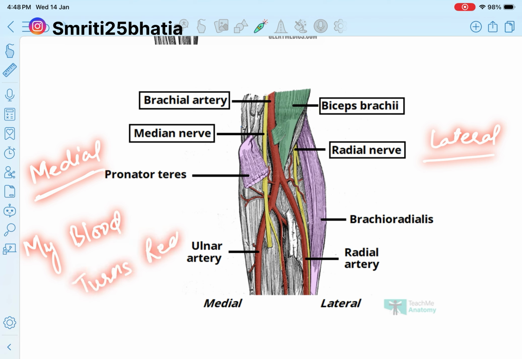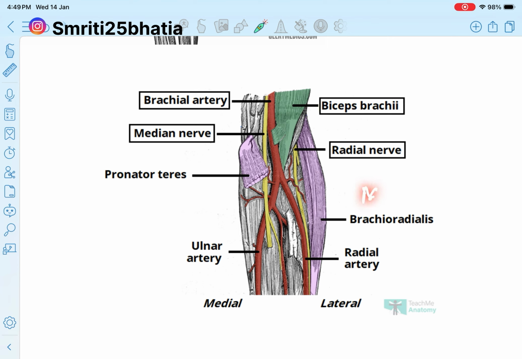So we have M, B, T, R. We start the M with the medial side, and R goes towards the lateral side. M is for the median nerve that is present over here. We can see this is the median nerve. B is for brachial artery. This is the brachial artery.